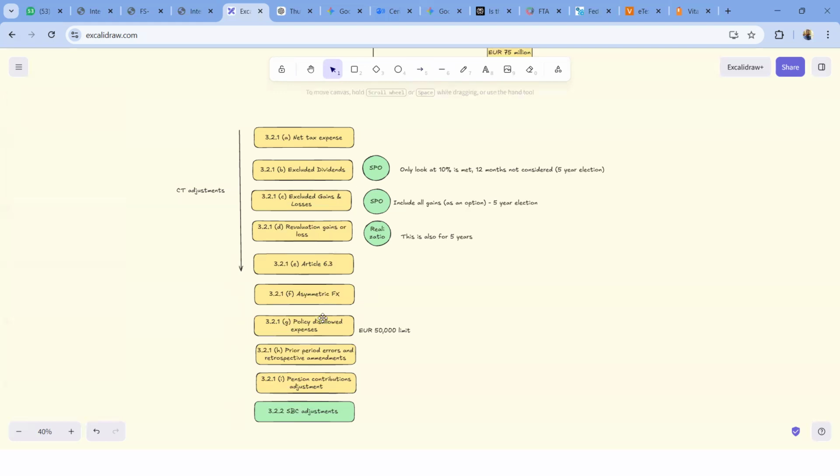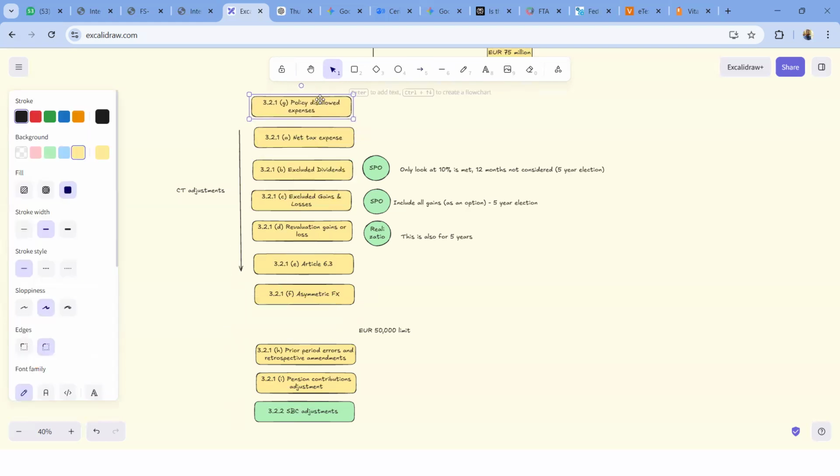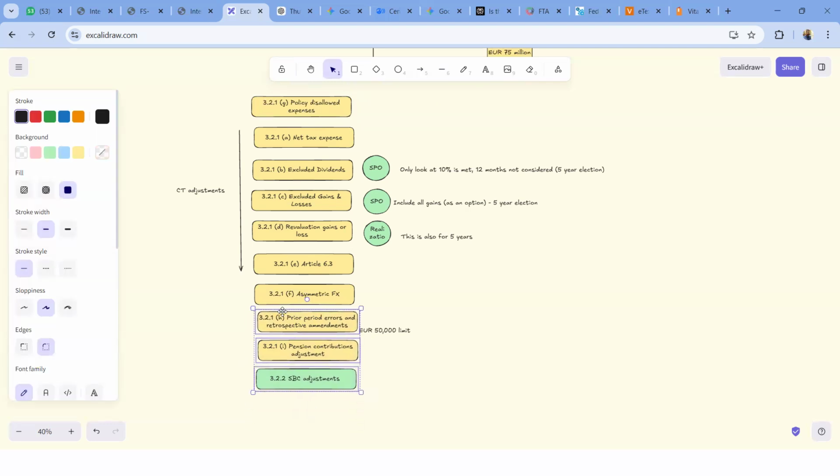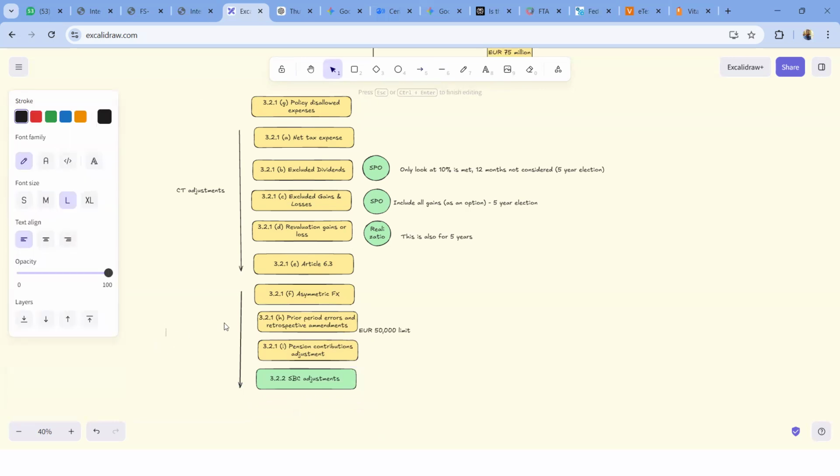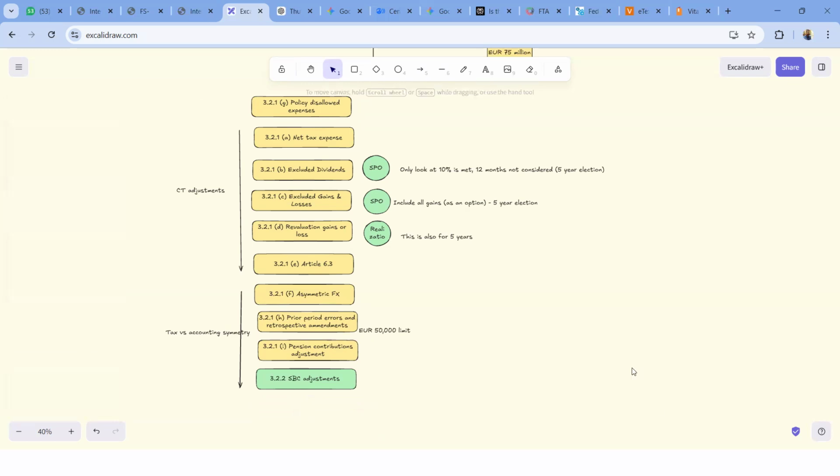So all these except this one will go up. All these are again accounting versus tax adjustments, tax versus accounting symmetry. Okay. So these are the mandatory adjustments.